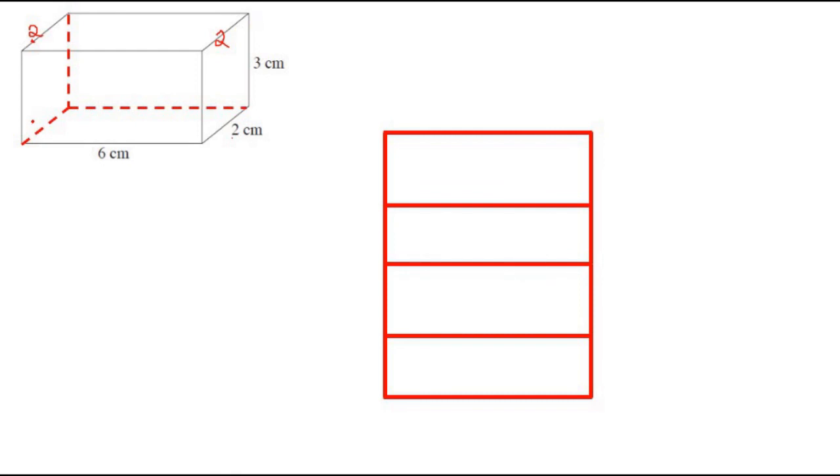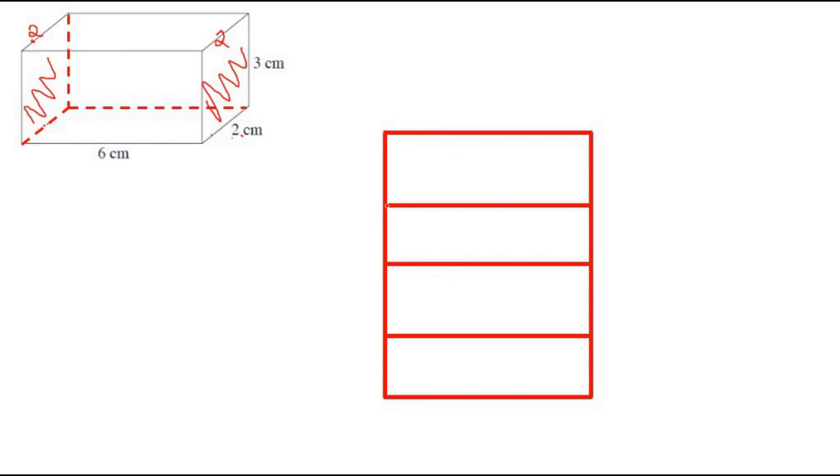Next we need to draw this side and this side. To do that we need to use the base, because remember these are connected to the base, and we said that this shape here, this one, was our base. So if we look on the side, it's measured by 2 centimeters, so it's 2 there, it must be 2 here, and it's also going to be 3 centimeters high. Look what we've already got.